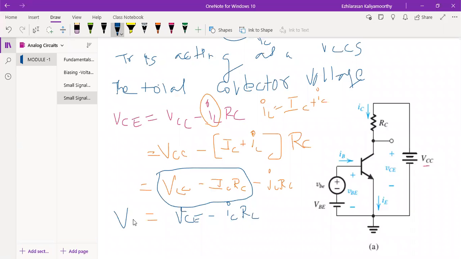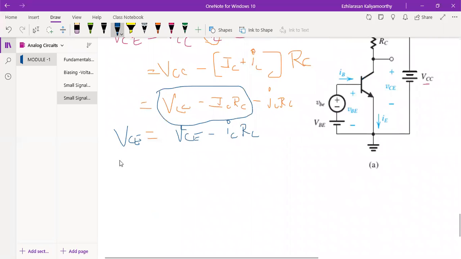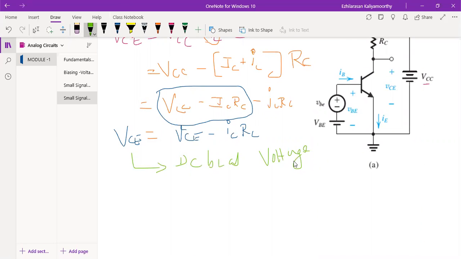So this will be capital VCE, where capital VCE is nothing but a DC bias voltage, the DC bias voltage at the collector terminal.